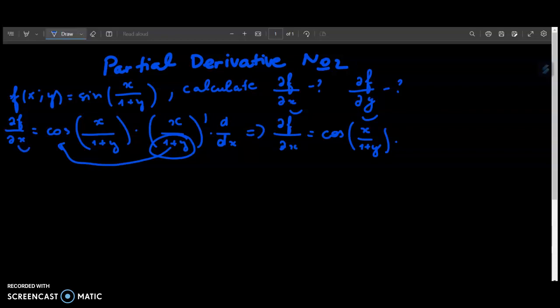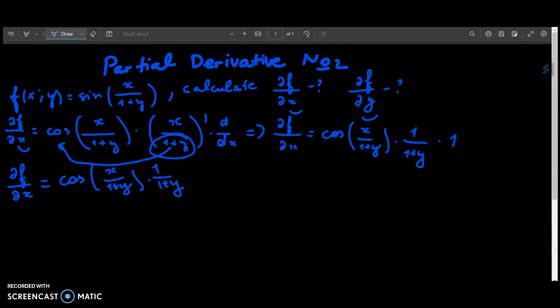So this is going to be 1 over 1 plus y, multiplied by the derivative of x, which is just 1. So df over dx is equal to cosine of x over 1 plus y multiplied by 1 over 1 plus y. So this is the derivative with respect to x.